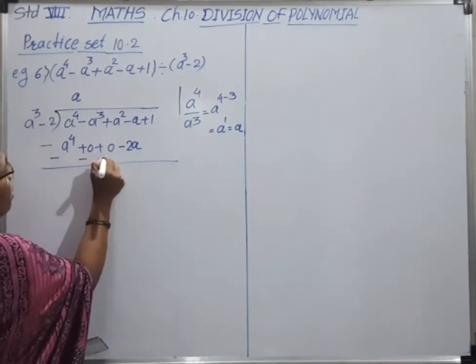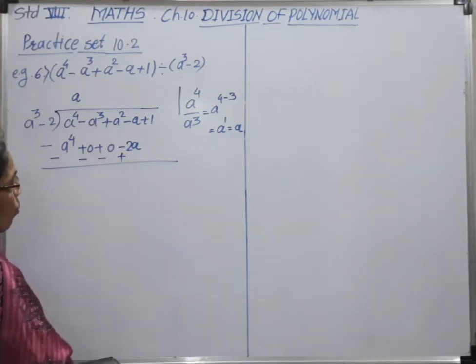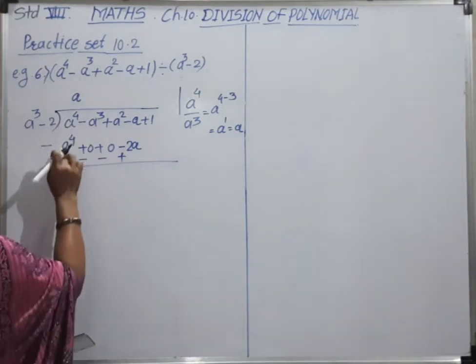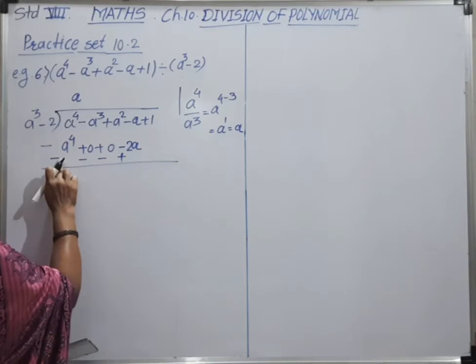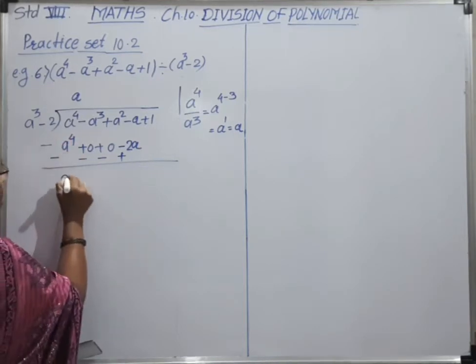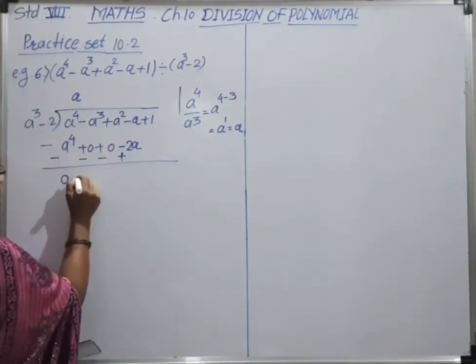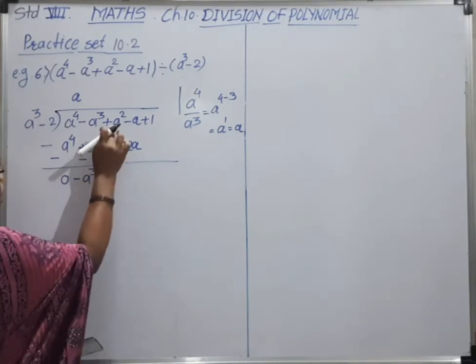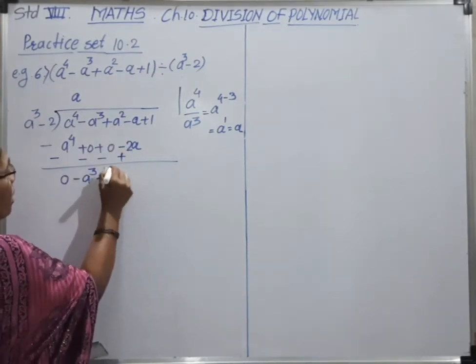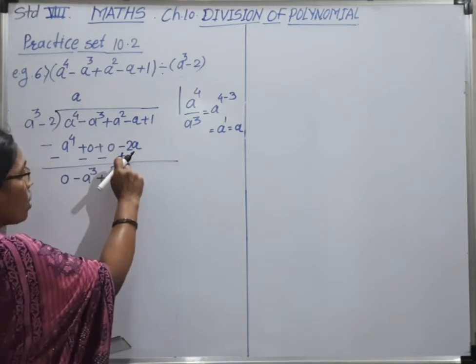So a raised to 4 minus a raised to 4, these are opposite terms, they cancel and you get 0. Minus a cube comes as it is, plus a square also comes as it is, then minus a plus 2a.